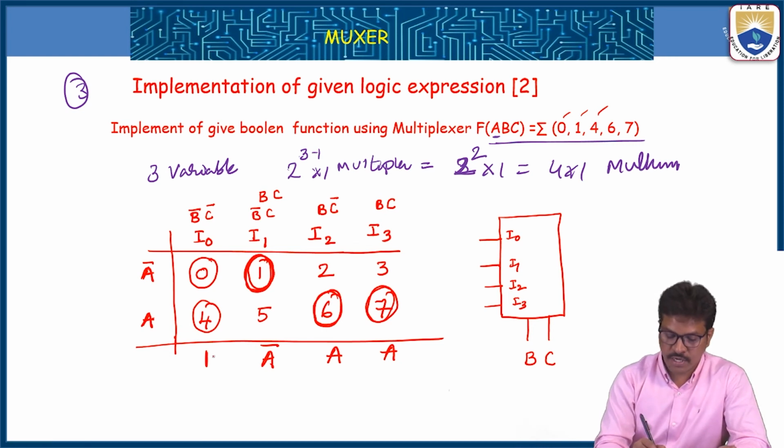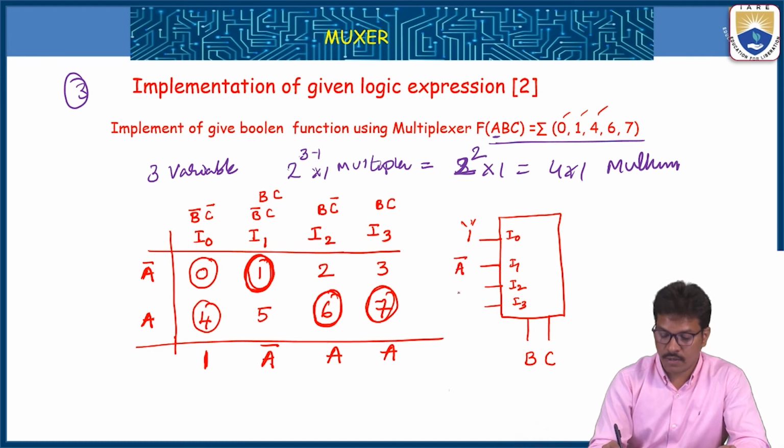The I0 corresponding input is 1, I1 corresponding input is A bar, I2 corresponding input is A, and I3 is A. These two are connected to A.